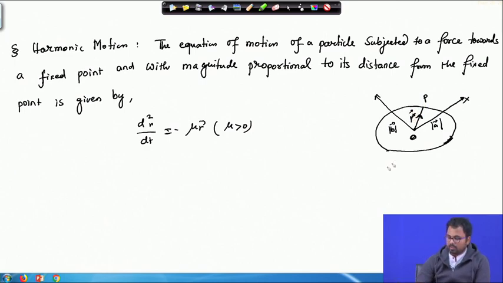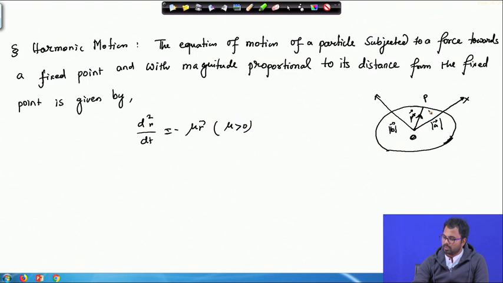All right. So, what it says is the equation of motion of a particle subjected to a force towards a fixed point, this is our fixed point O, and with magnitude proportional to its distance from that fixed point, is given by d square r by dt square equals minus mu r.